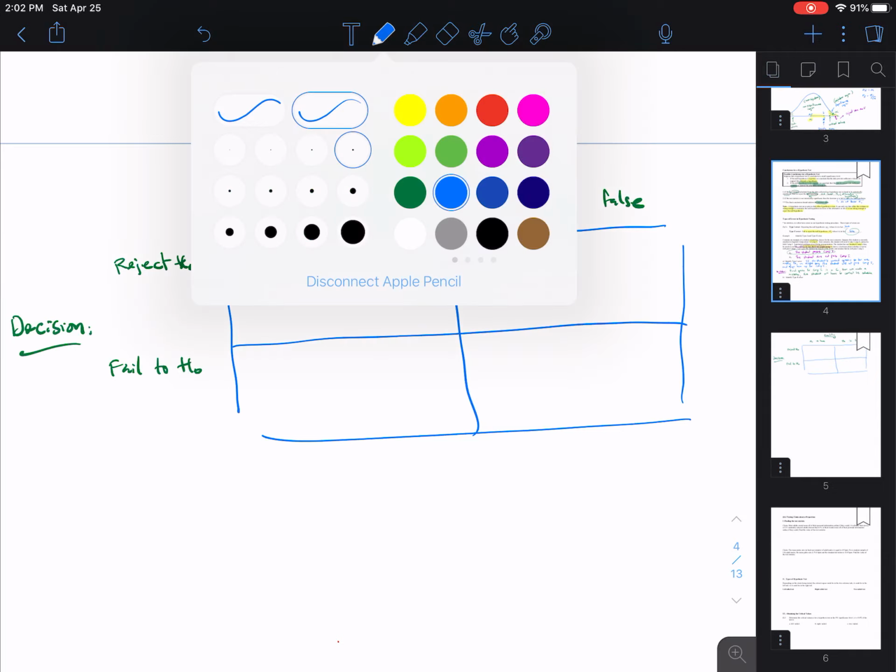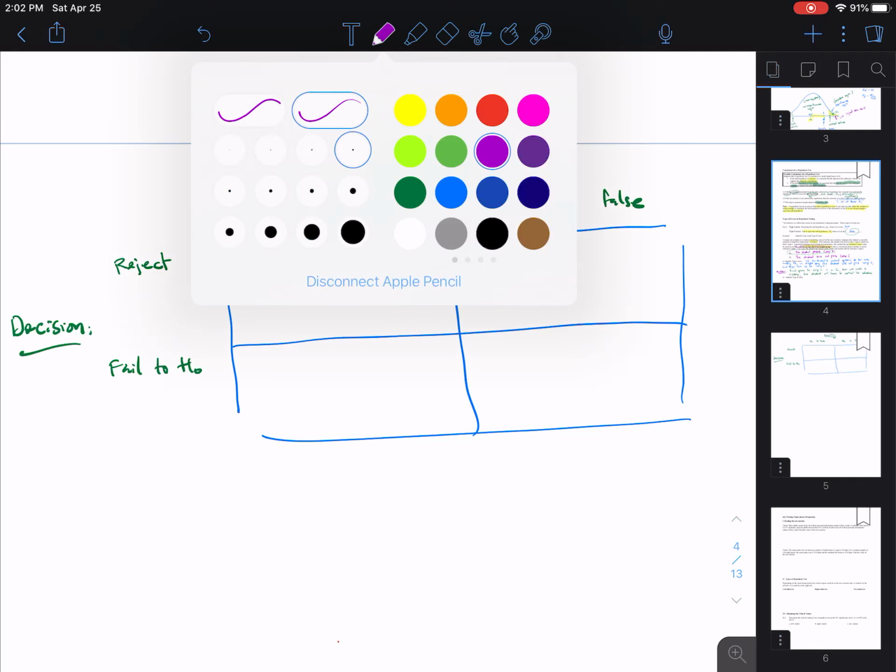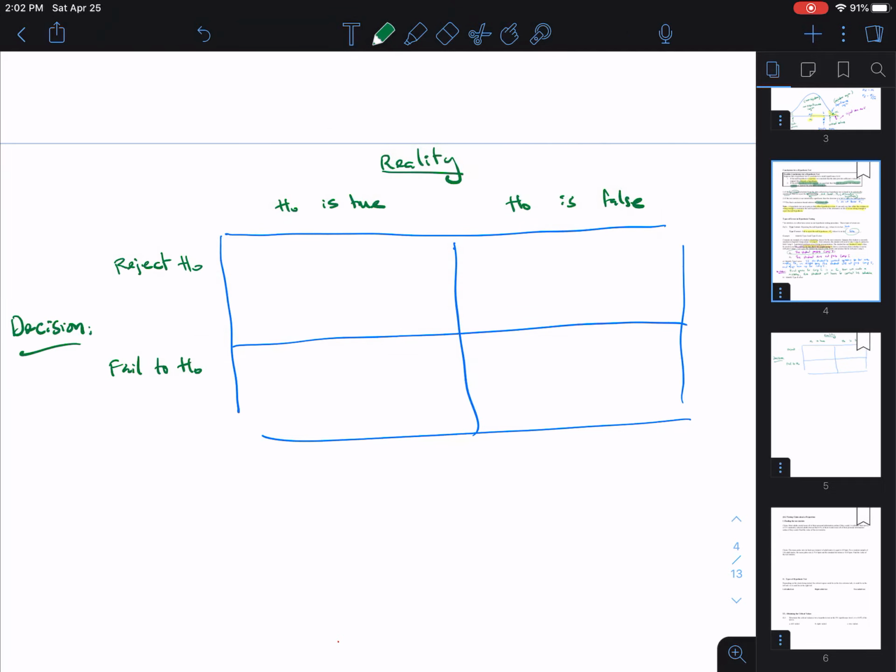So suppose we reject the null hypothesis. That's our decision, whatever the test we're doing. And then it turns out the null hypothesis is true. We rejected the null because we thought our evidence was sufficient, and it turns out later on that the null hypothesis is true. Then in this case, we make a mistake.